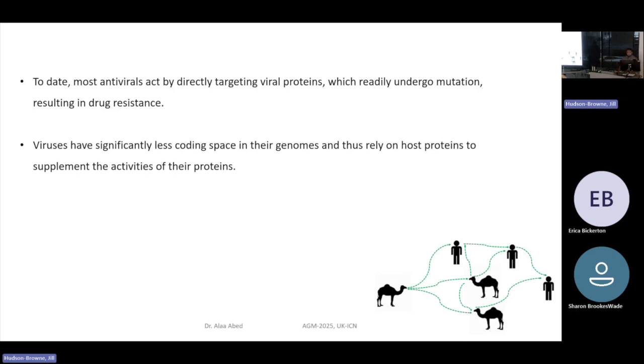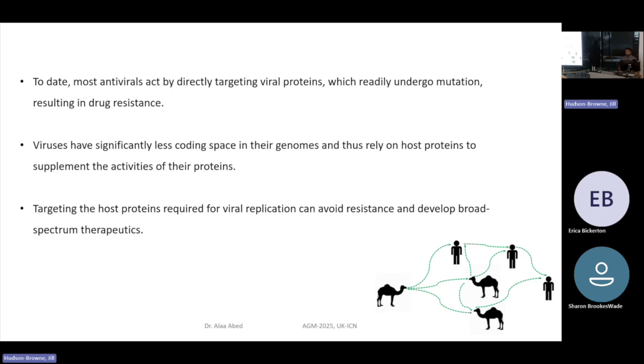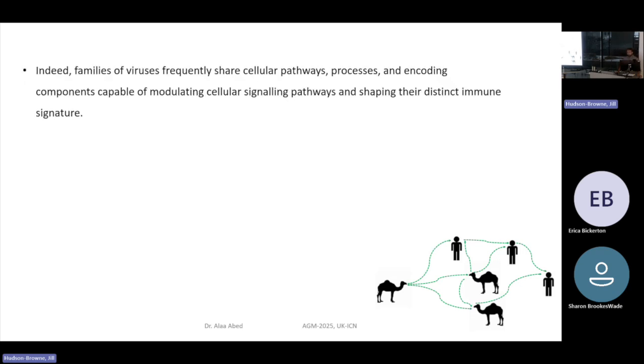Viruses have significantly less coding space in their genomes, and because of this, they rely on host proteins to supplement the activities of their proteins. Targeting host proteins required for viral replication can avoid resistance and develop broad-spectrum therapeutics.